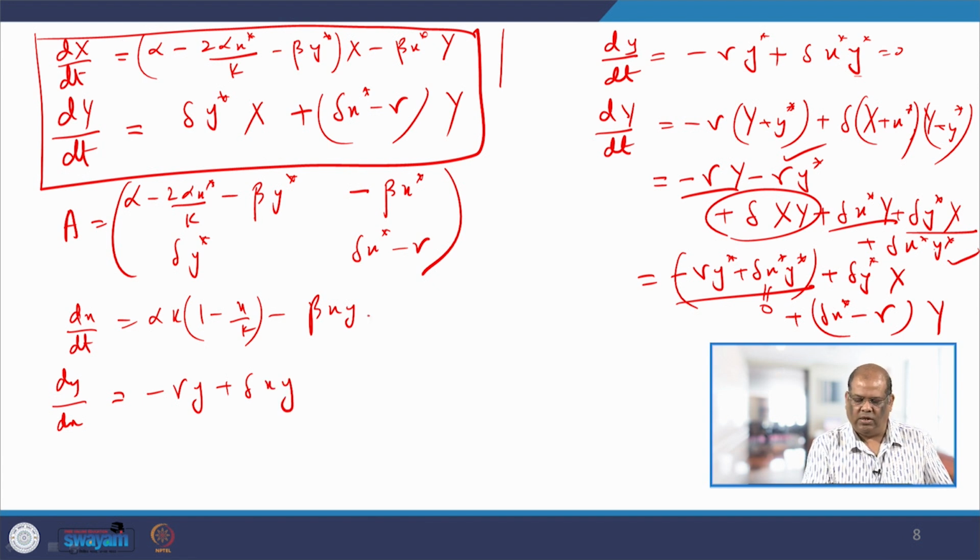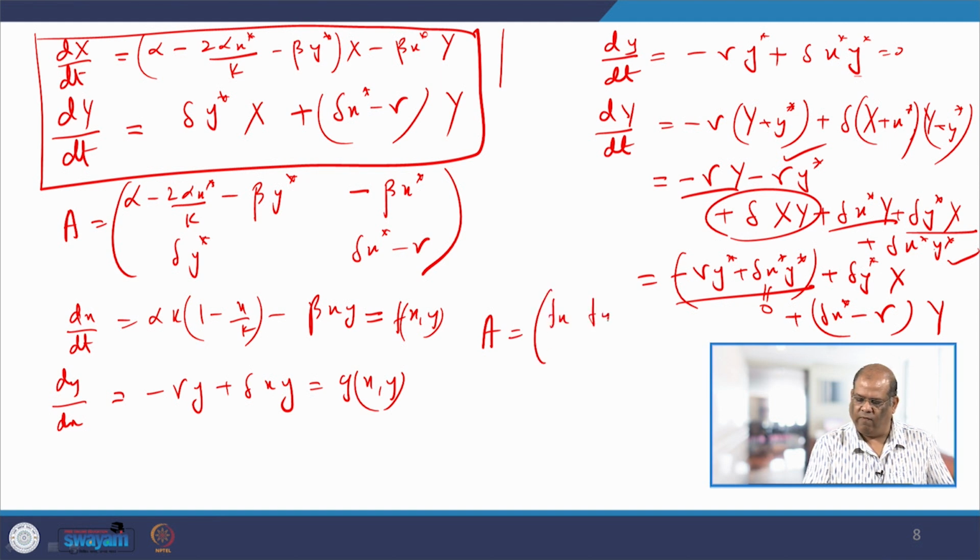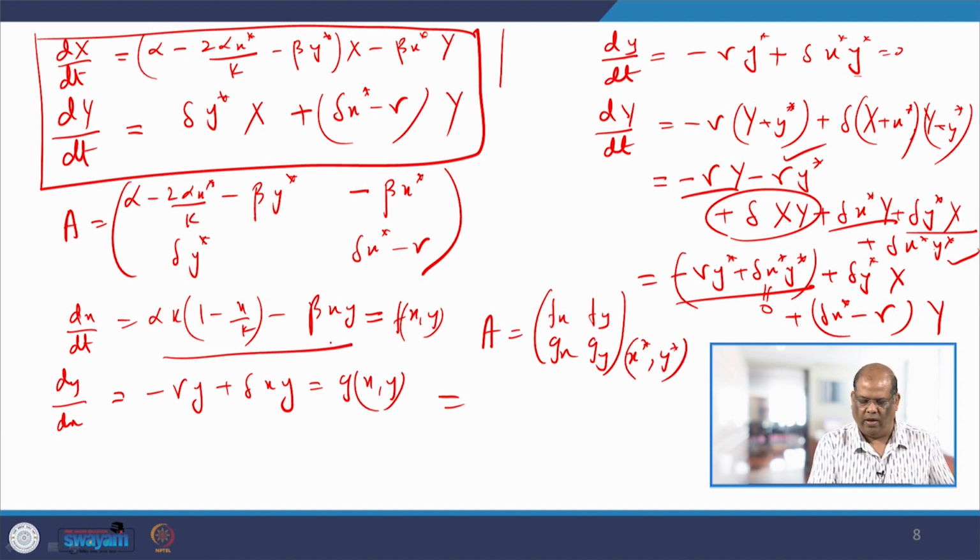And our previously derived formula says that you take this to be some f x y, this to be some g x y, and our matrix A will be f x, f y, g x and g y at the point x star y star. So, if I find f x from here, that will give me alpha minus 2 alpha x by k minus beta y.